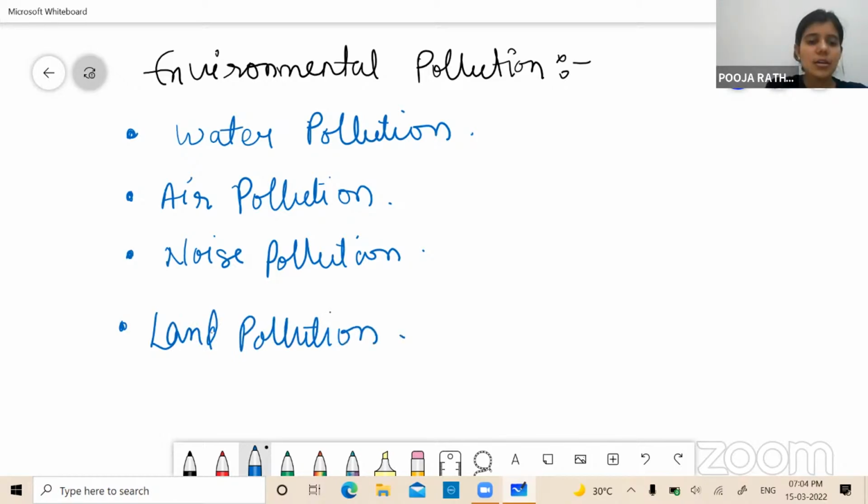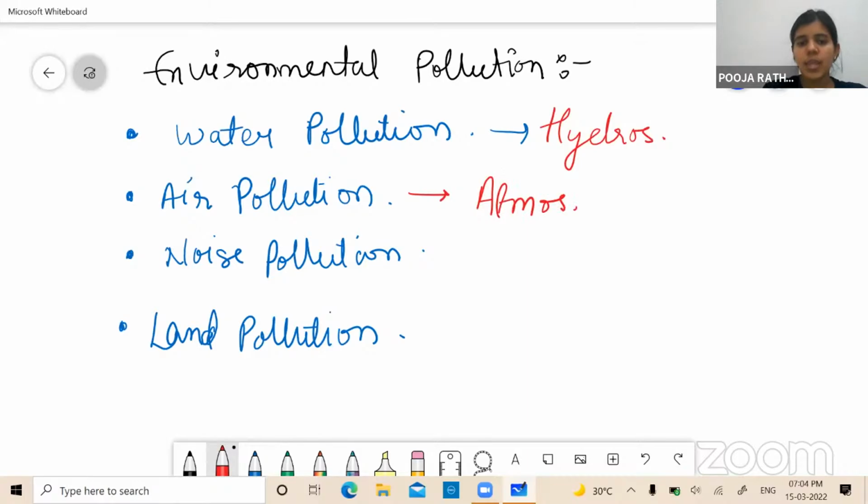Yes, you can see all the spheres which I had mentioned are getting polluted. Like here, due to water pollution, the hydrosphere is getting polluted. Then due to air pollution, the atmosphere is getting polluted. Noise pollution is harming our biosphere actually.